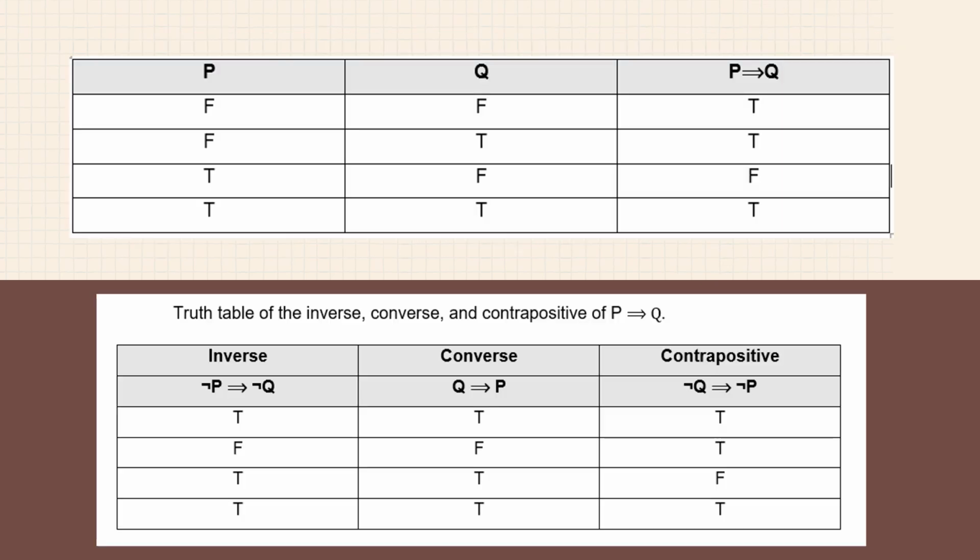So the following is the truth table of the inverse, converse, and contrapositive. This is the conditional or implication. Truth table for implication.